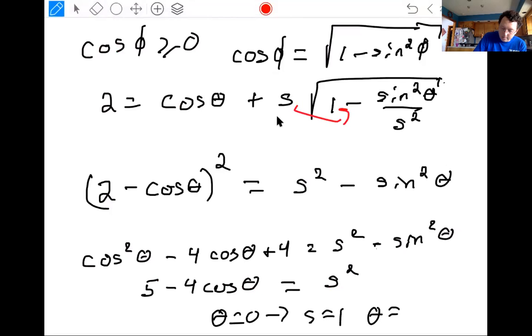Theta equals 180 implies s equals 3. The limits are right. Okay, so I can be pretty confident that I haven't fouled this up too badly.